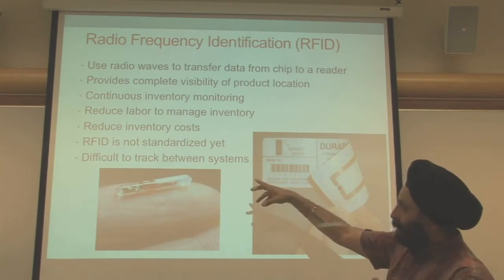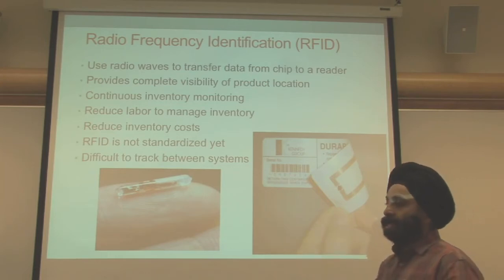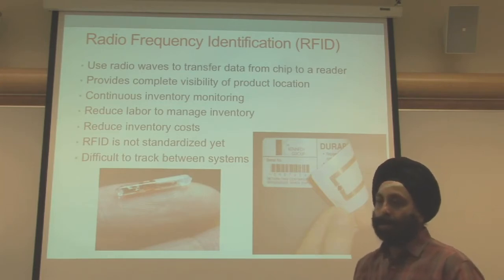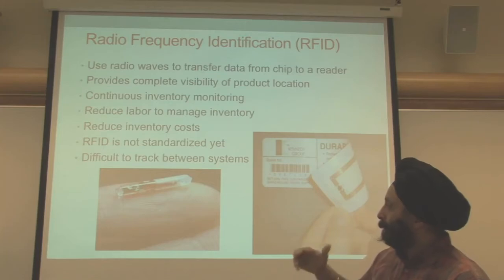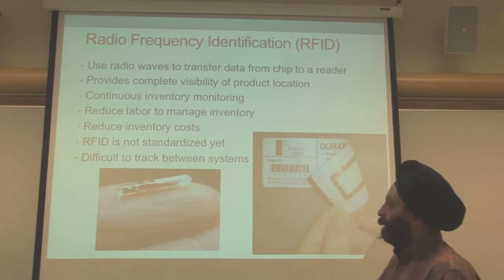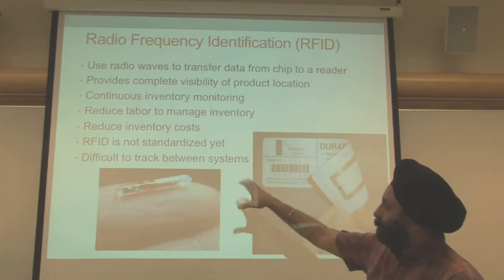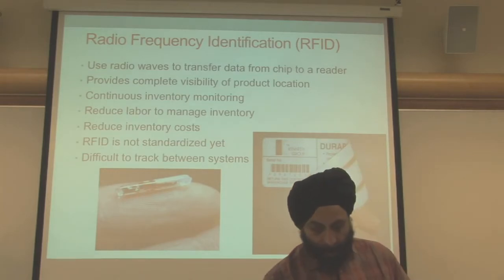Reduce inventory cost. It has not been standardized yet to this point, but significant steps have been taken to arrive at that point. Difficult to track between systems, so those are some of the downsides.